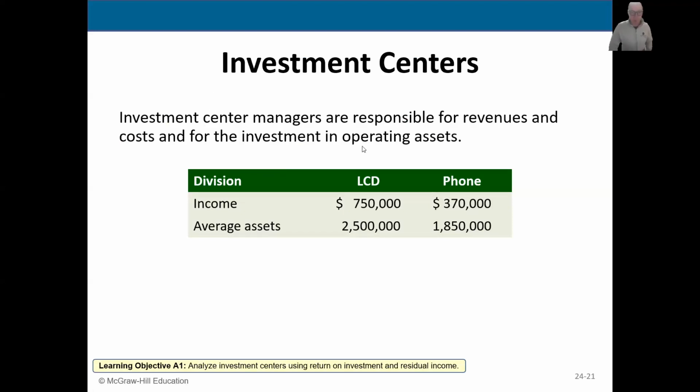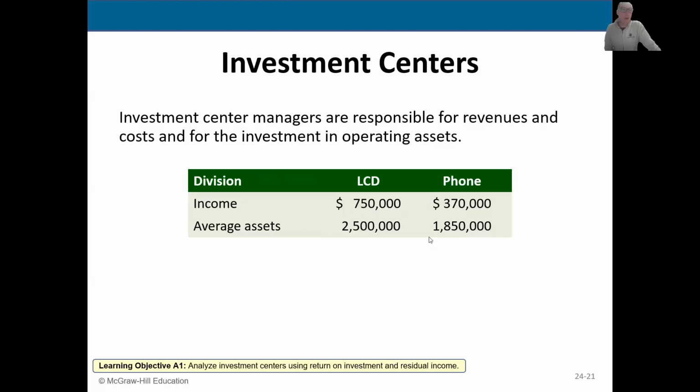So we have some data for Samsung. We have income of televisions at 750,000 and for the phones, 770,000. The average assets of televisions is 2.5 million and for the phones it's 1.85 million.